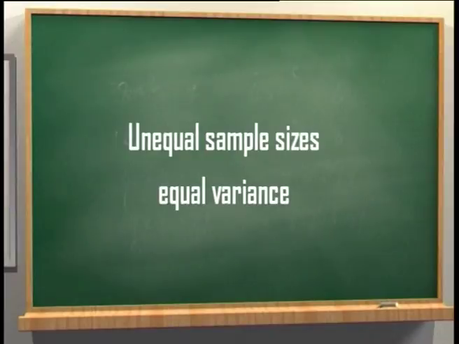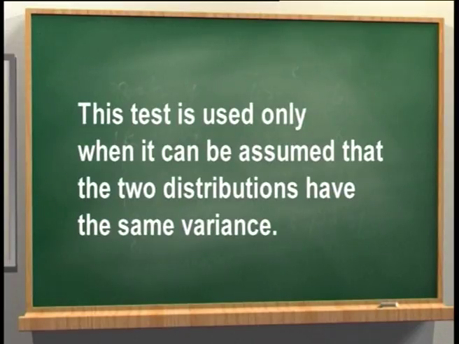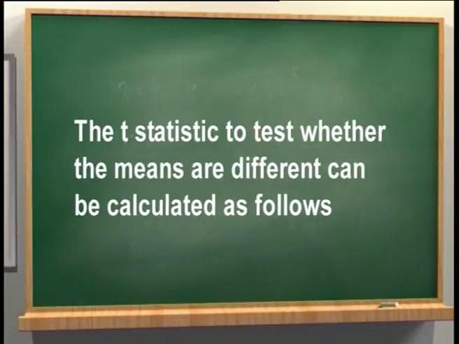Unequal sample size, equal variance. This test is used only when it can be assumed that the two distributions have the same variance. The t-statistic to test whether the means are different can be calculated as follows.